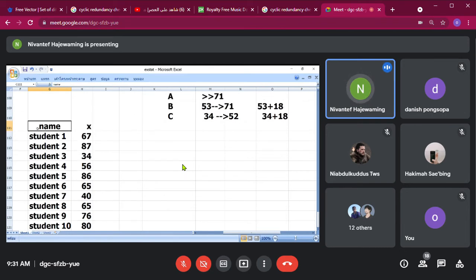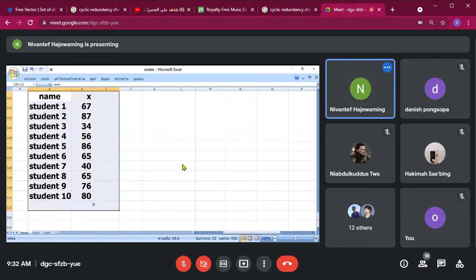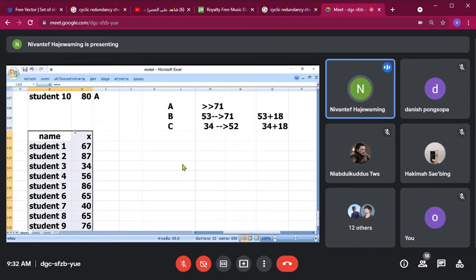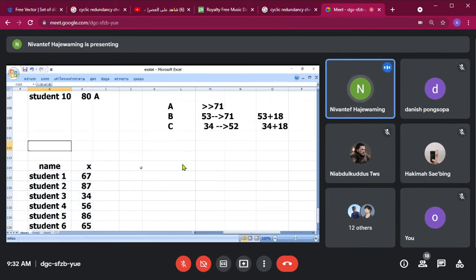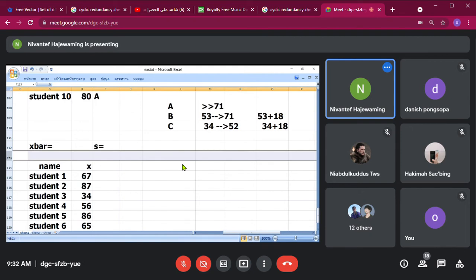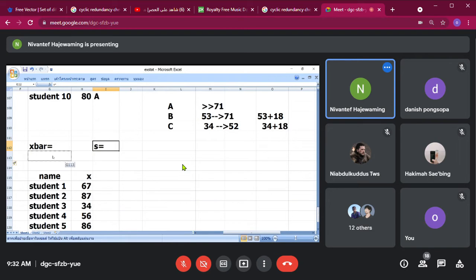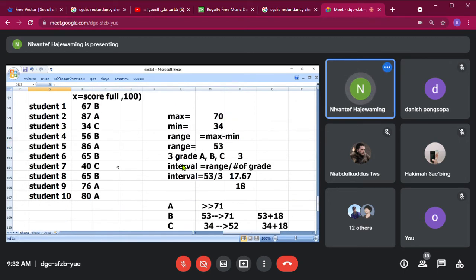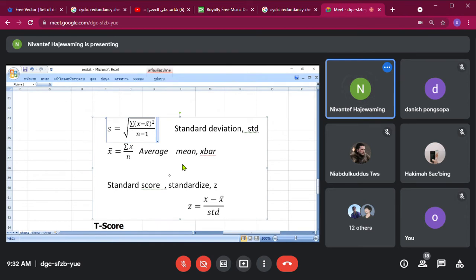I will move this below, easy to calculate. The first one, we must find X bar. And the other one, we find the standard deviation. X bar, we can calculate using this formula, right?